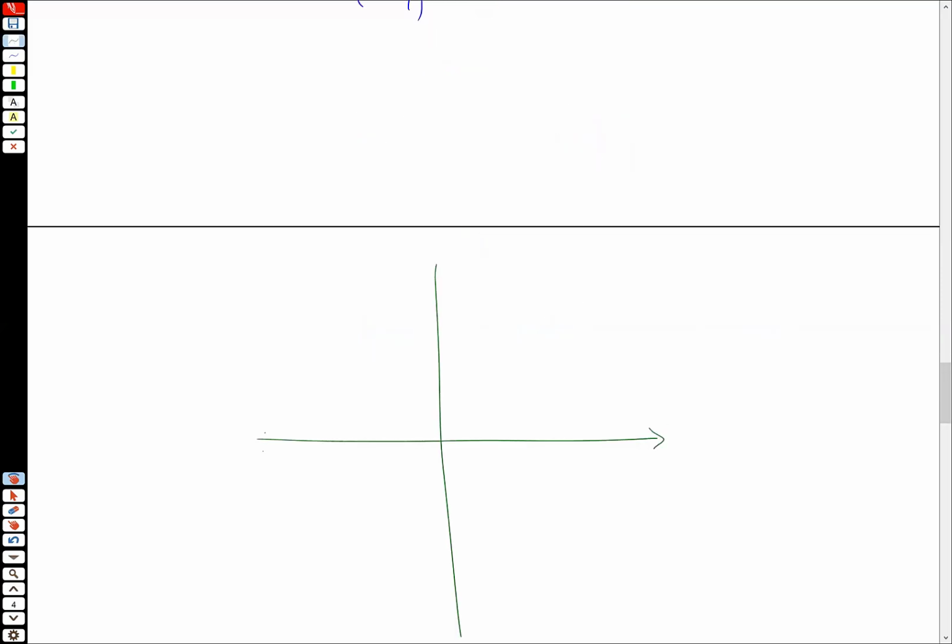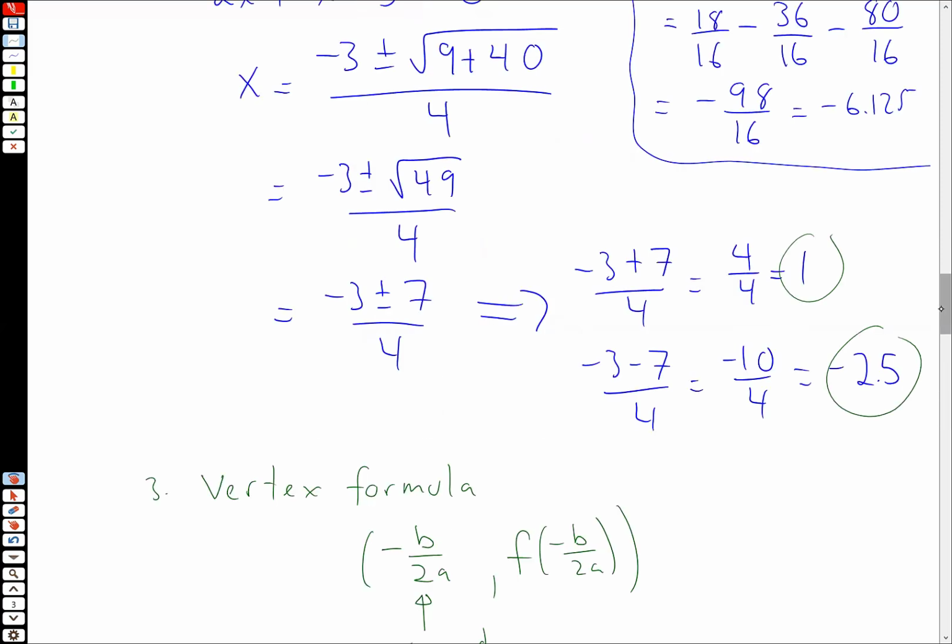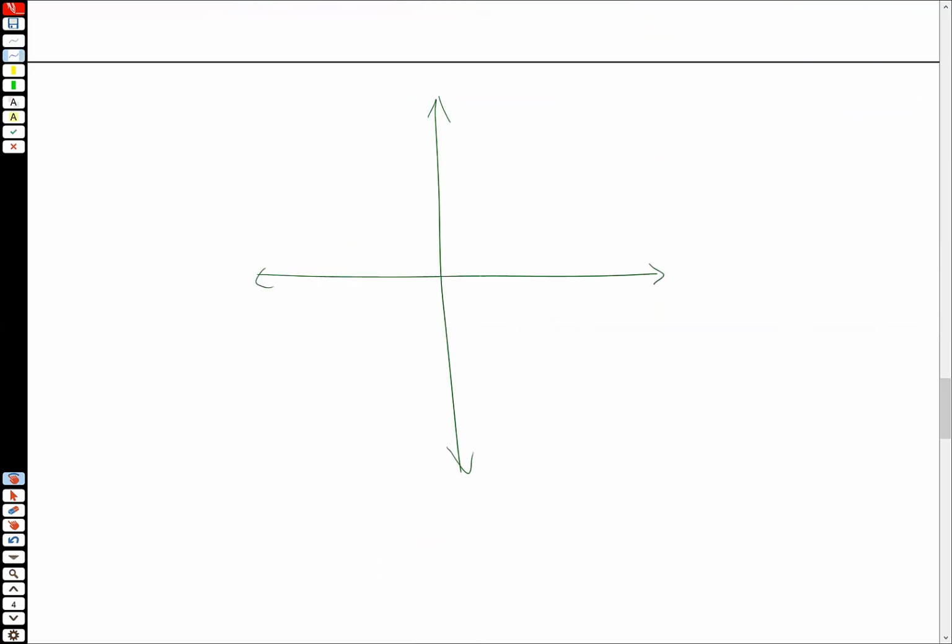And again, let's pretend like this is a good x and y axis. Okay. So let's start by graphing our zeros. So our zeros we got were 1 and -2.5. Okay, so let's say this is 1, -1, -2. Let's say that's -3.